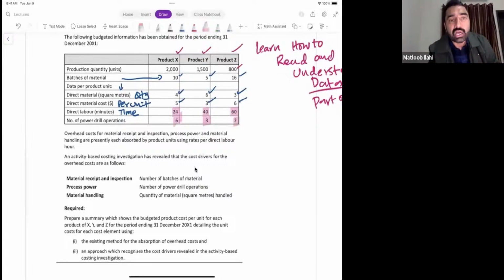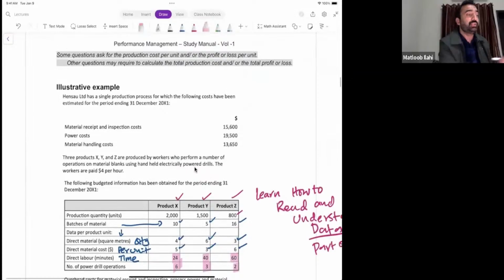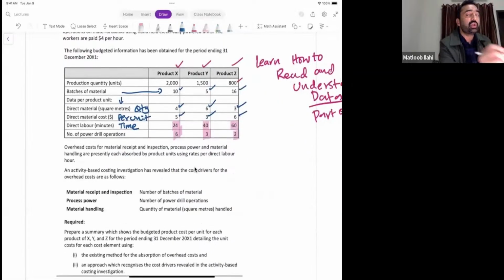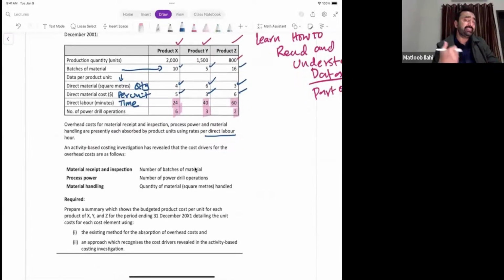You are told that currently overhead costs for all three types are being absorbed using direct labor hours. Okay.